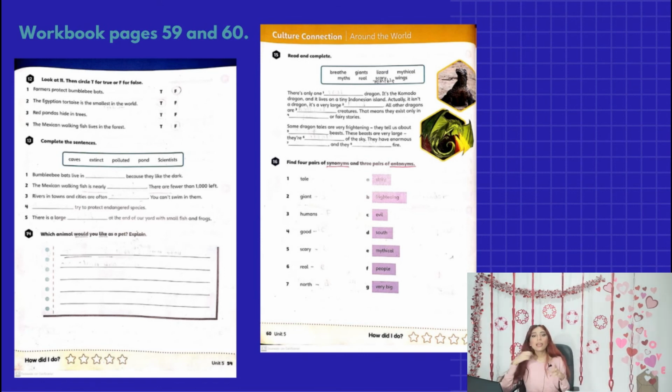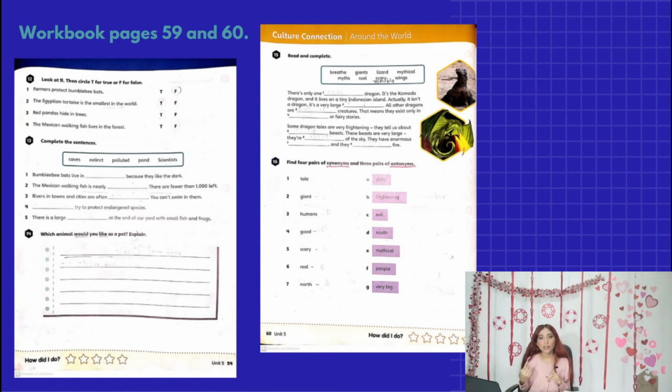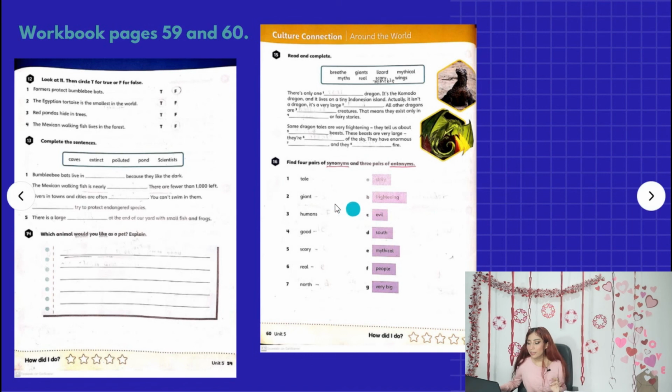An antonym is when you have 2 different words and they mean the contrary thing. For example, you have in here tail, giant, humans, good, scary, real, and north. So on the other side, you have story, frightening, evil, south, mythical, people, and very big. So you're going to match them.